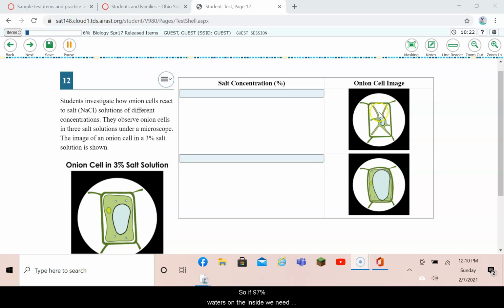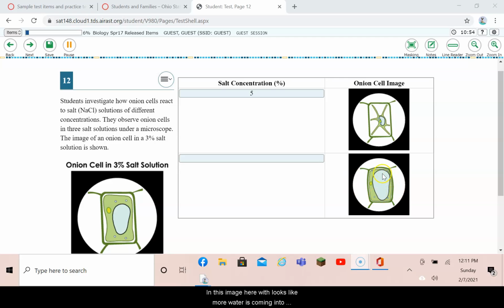So if 97% water is on the inside, we need to increase the concentration of the salt, let's say, to 5%. If we do that, then we have 95% water on the outside, 97% water on the inside, and the water will leave the cell and the cell will shrivel up.